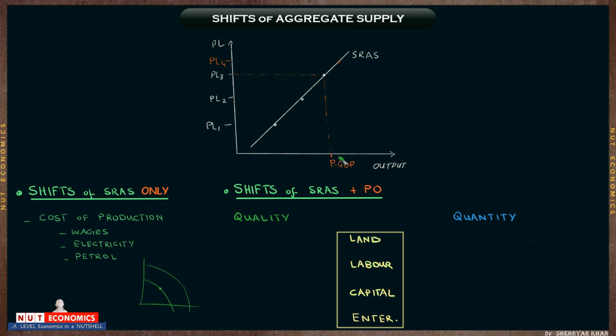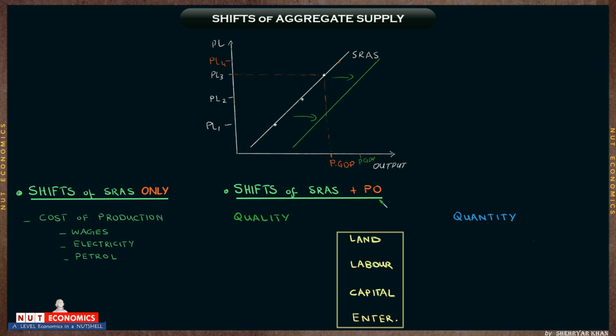And whenever your potential output or potential GDP increases, the short-run aggregate supply curve increases and shifts to the right along with it. Now, I don't want you to go into the details of why the short-run aggregate supply curve will also change and shift to the right when potential output increases, but just keep it simple.